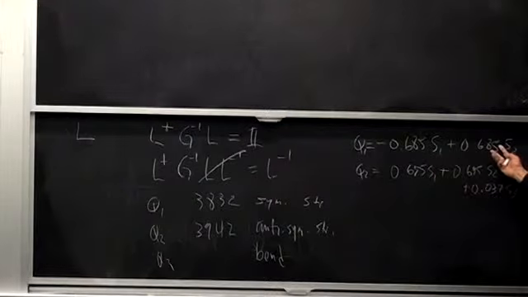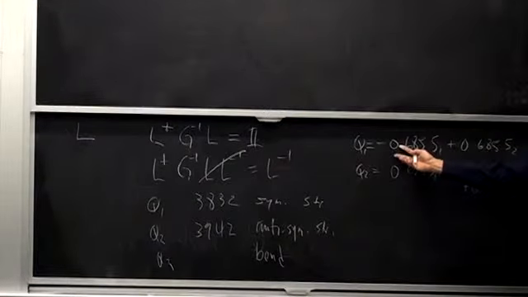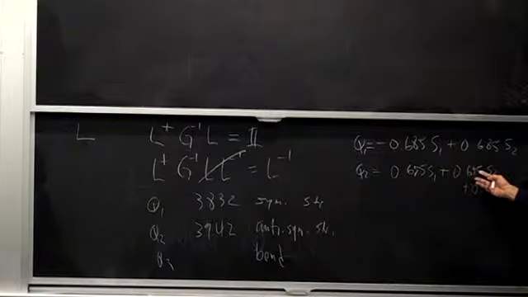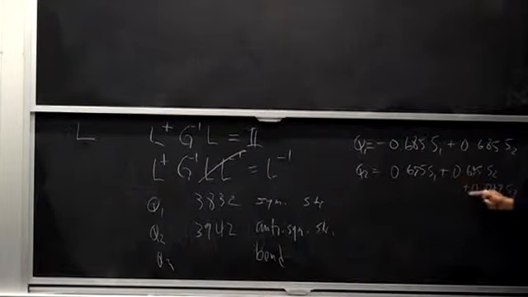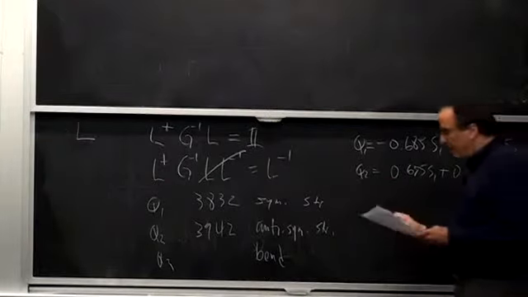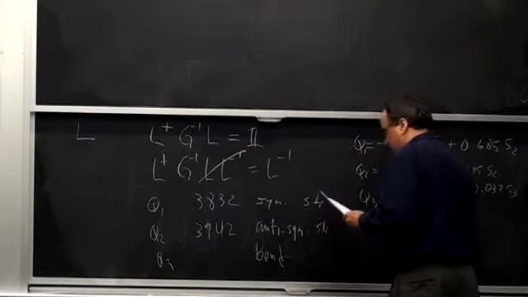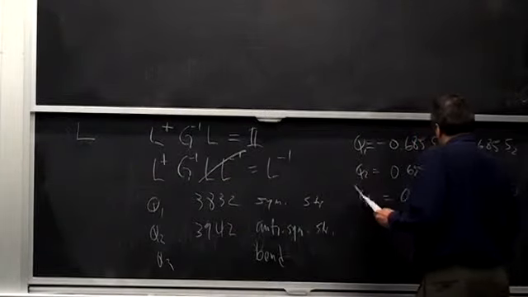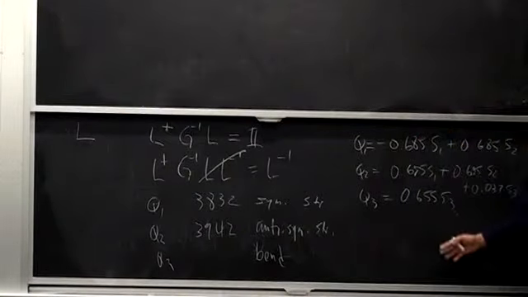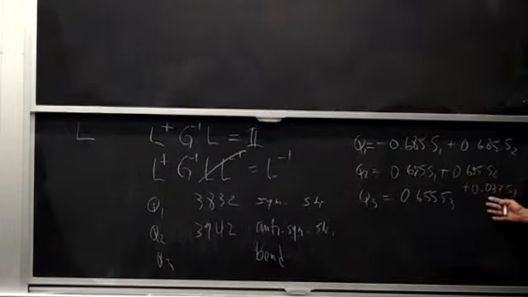Notice we have two equal numbers of opposite signs. Here we have two equal numbers of the same sign and a little bit of this bend. So these are two stretches, out of phase and in phase, and a stretch and a bend. And Q3 is just 0.655 S3. So the three normal modes have this form.